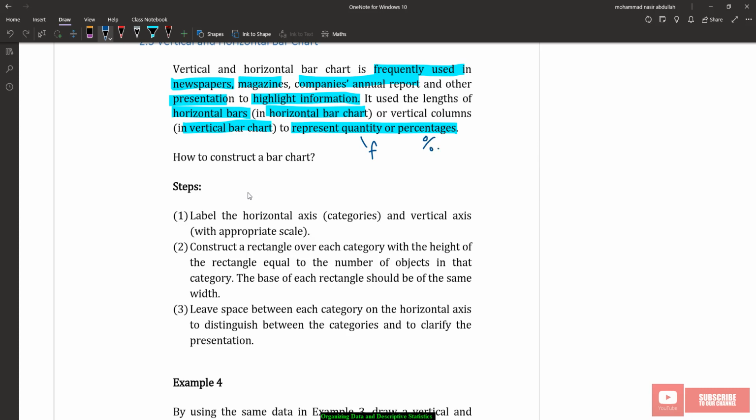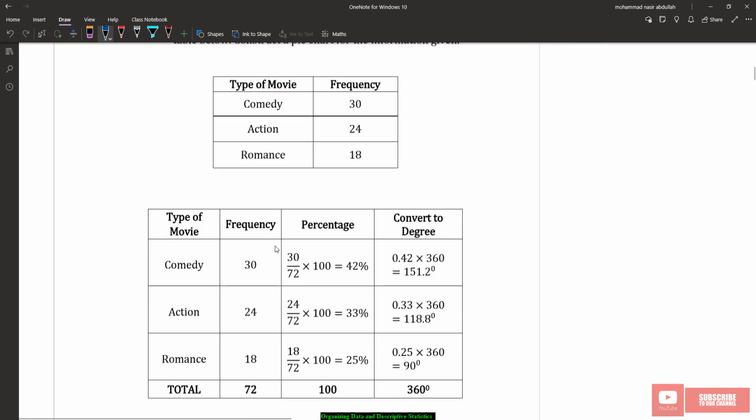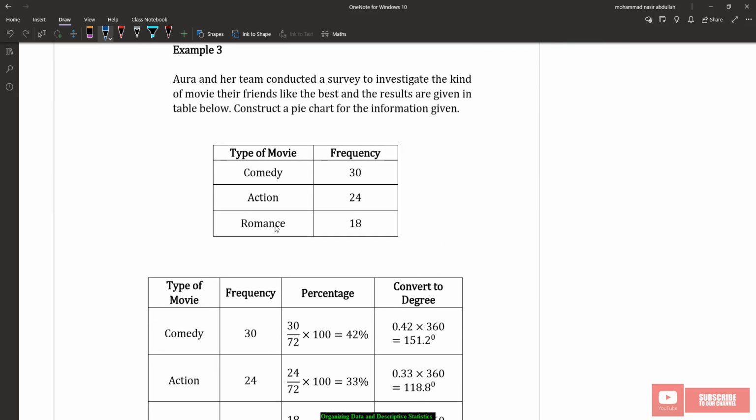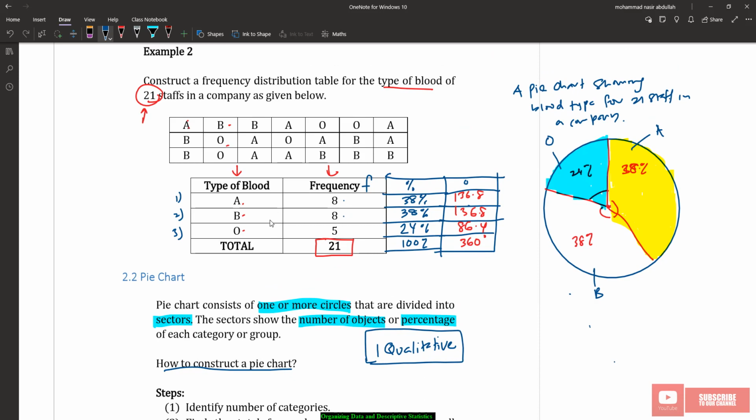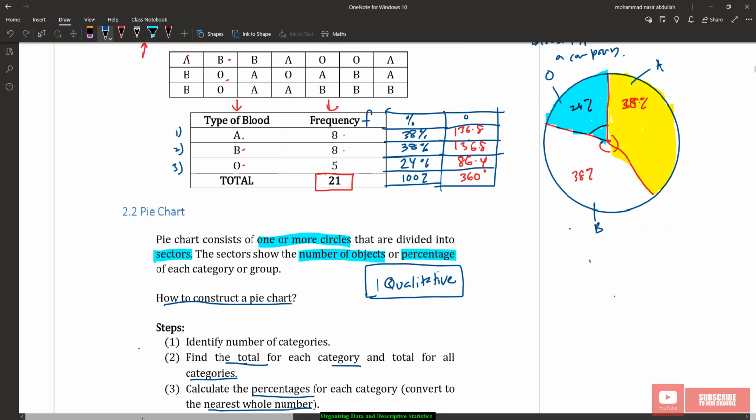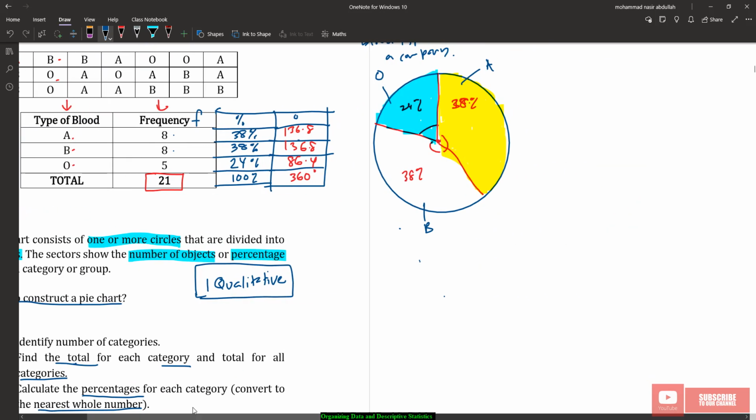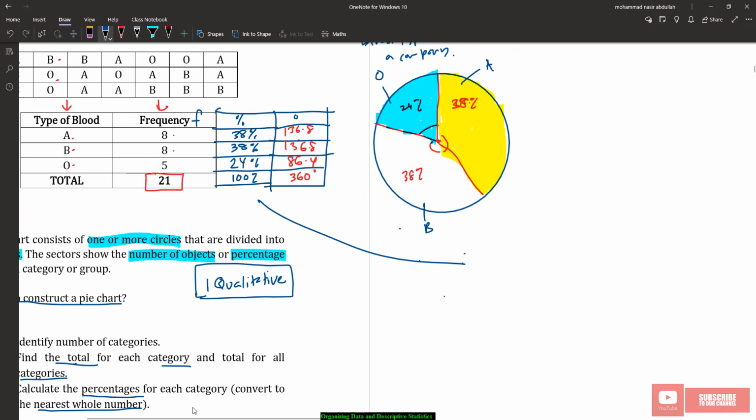So how do we construct a bar chart? First, let's look at the same example, blood type. Here I will show a vertical bar chart.